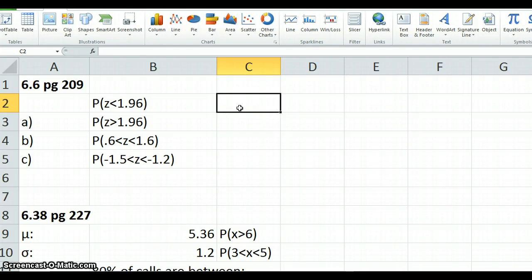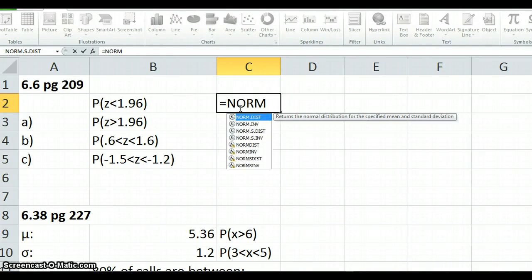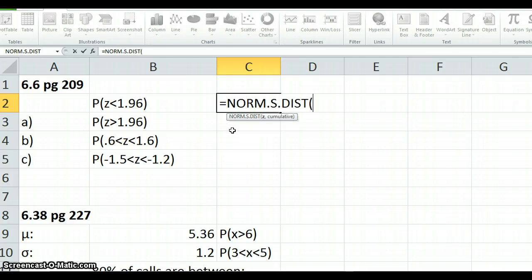So this is equal to, start typing norm and see what comes up. I've got something called NORM.DIST, but because I'm on the standard normal curve, I actually want NORM.S.DIST. That S indicates standard.